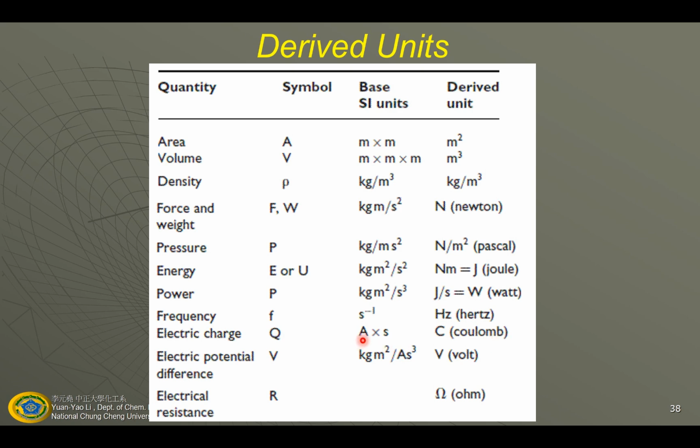It's amp times second. So electrical voltage, we just learned this, right? Volt. Okay, resistance. So if I ask you to express resistance using the 7 base units, can you give me this answer? I'm sure you can.